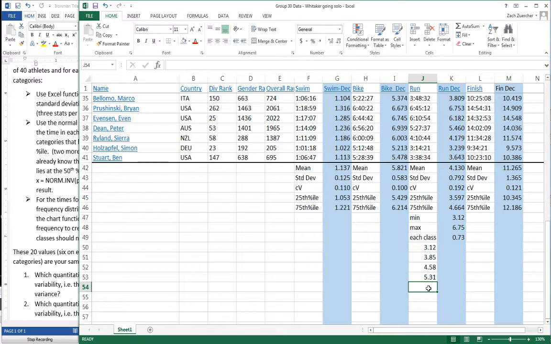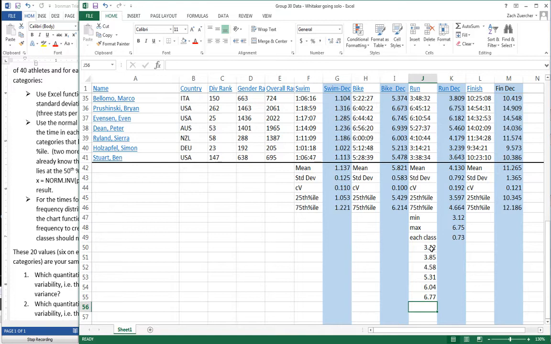And the fifth class is going to be up at 6.04, but we're going to have to figure out how wide that one is. So equals 6.04 plus 0.73. Boom. Okay. Yeah, 6.77. That's high enough to catch our largest one of 6.75.